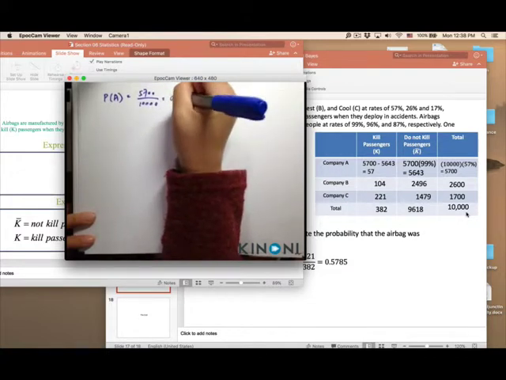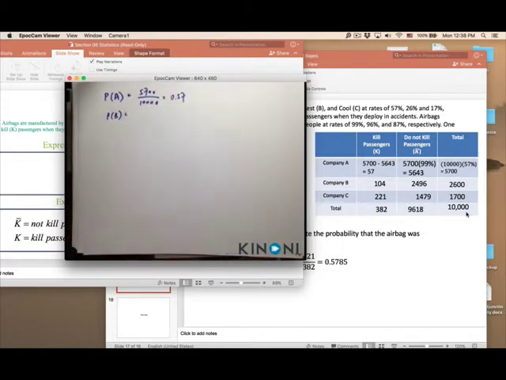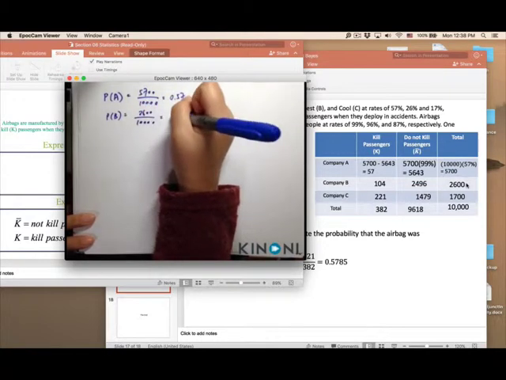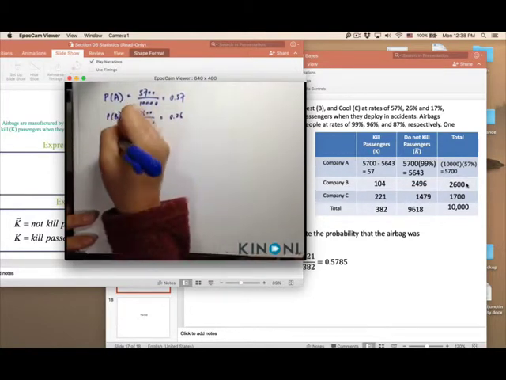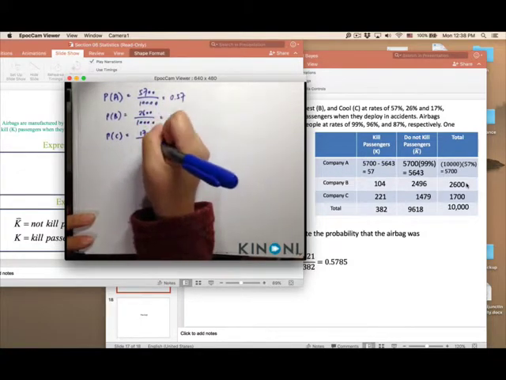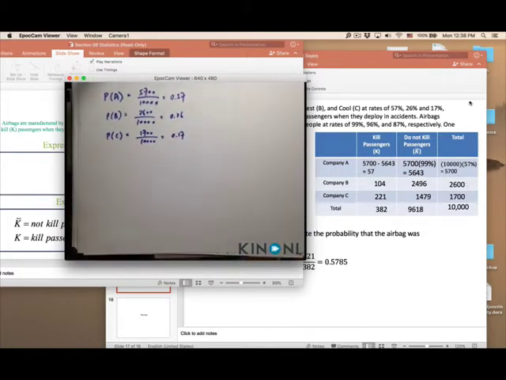So that will be 0.57. All right. Probability of B, same idea. That's 2,600 divided by 10,000. So that will be 0.26. Probability of C, 1,700 over 10,000. So it's going to be 0.17.